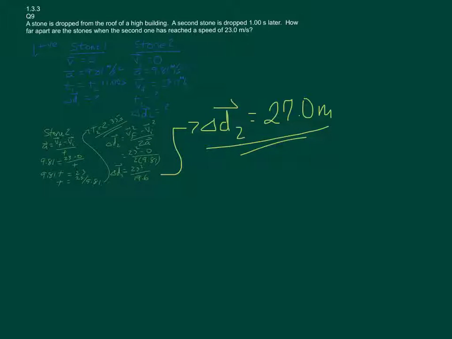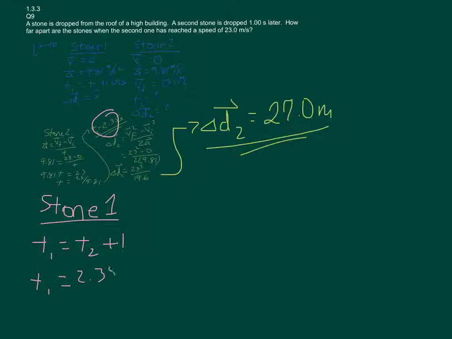Stone 1. We get T1 now, because T1 equals T2 plus 1. So T1 equals T2, which was 2.35 seconds, plus 1. For those that need a calculator, go for it. T1 is 3.35 seconds.